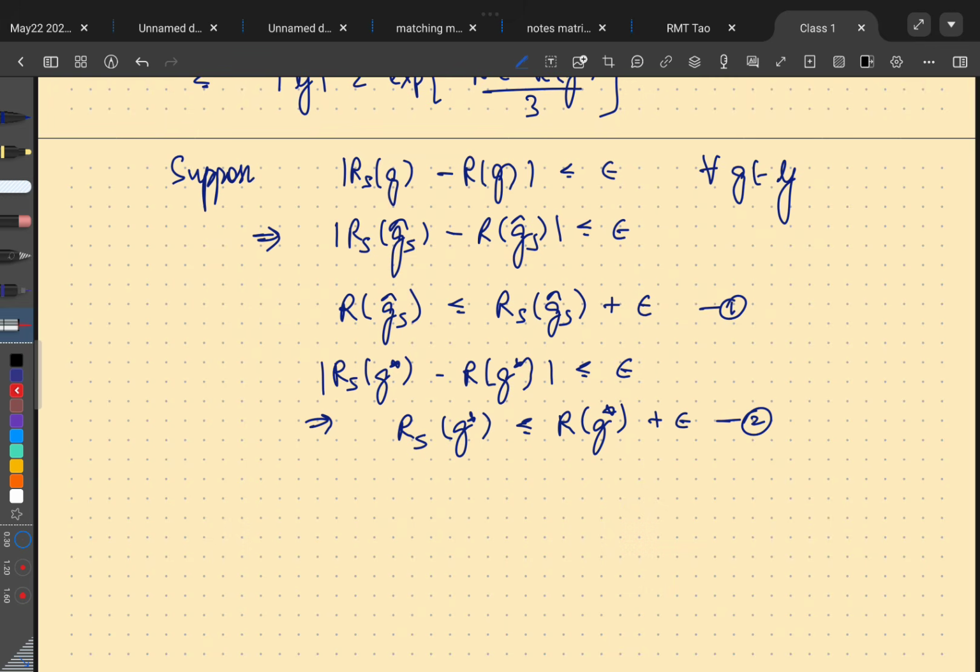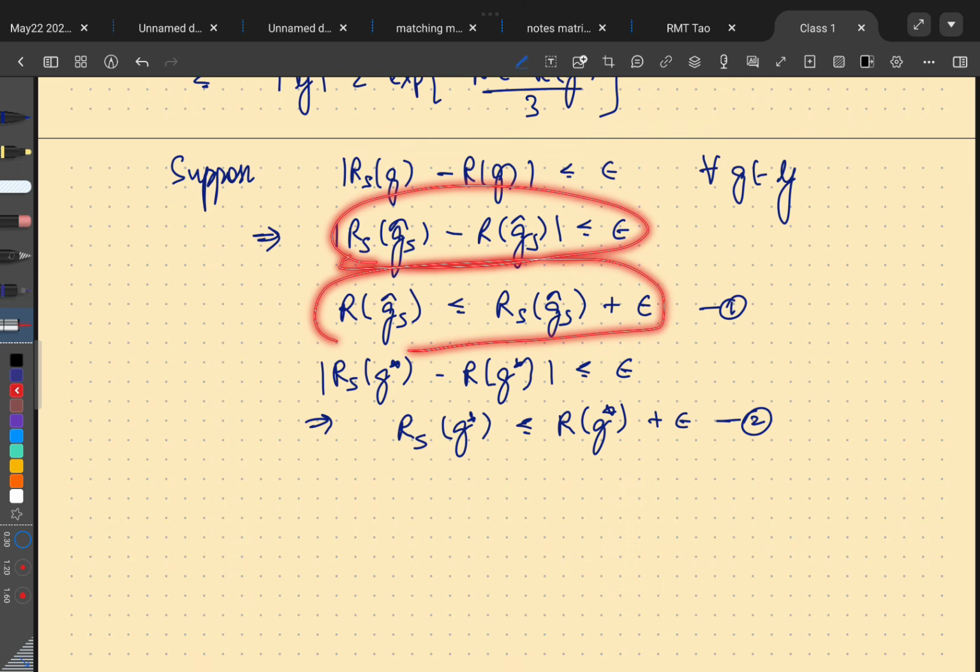I'm saying that you remove the modulus, so you would assume that there is an ordering between the risk of G hat of S. Not necessarily, right? So this is just one side of this particular inequality.